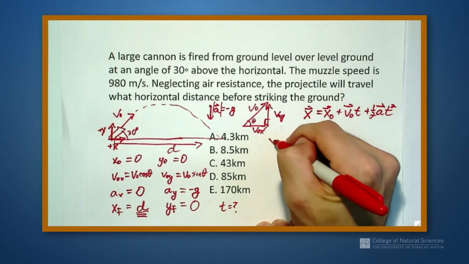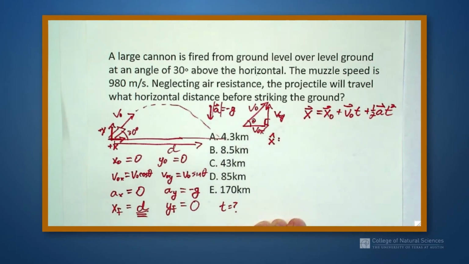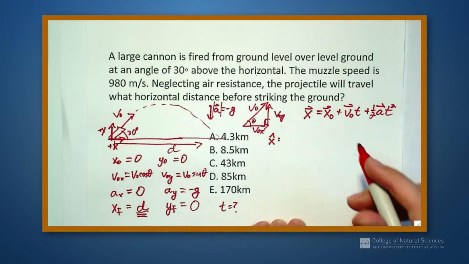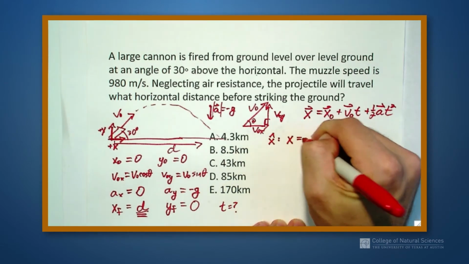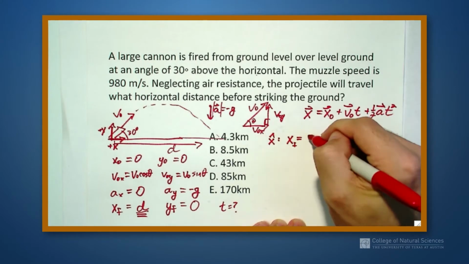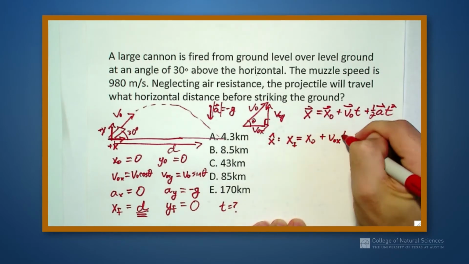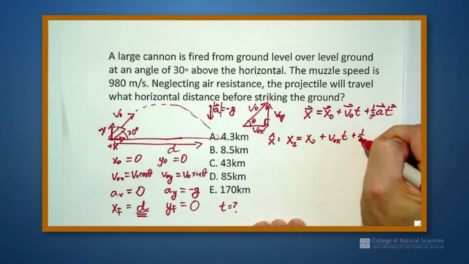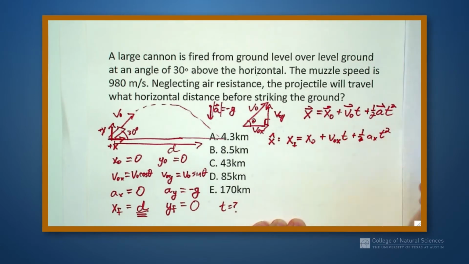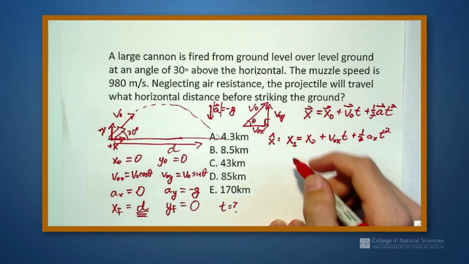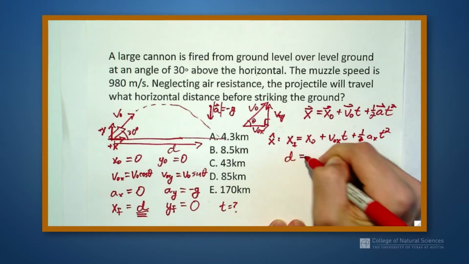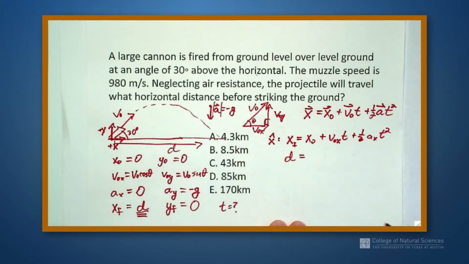So I'm going to look at the x component first. Our final x is equal to our initial x plus our initial velocity in the x direction times time plus 1/2 a_x t squared. Now I'm going to substitute some stuff in. I know that this value is d because that's what I declared it to be.